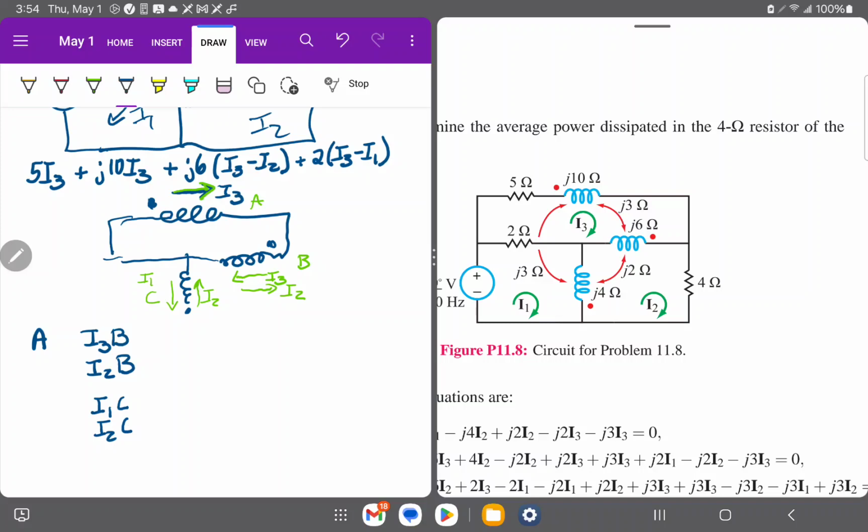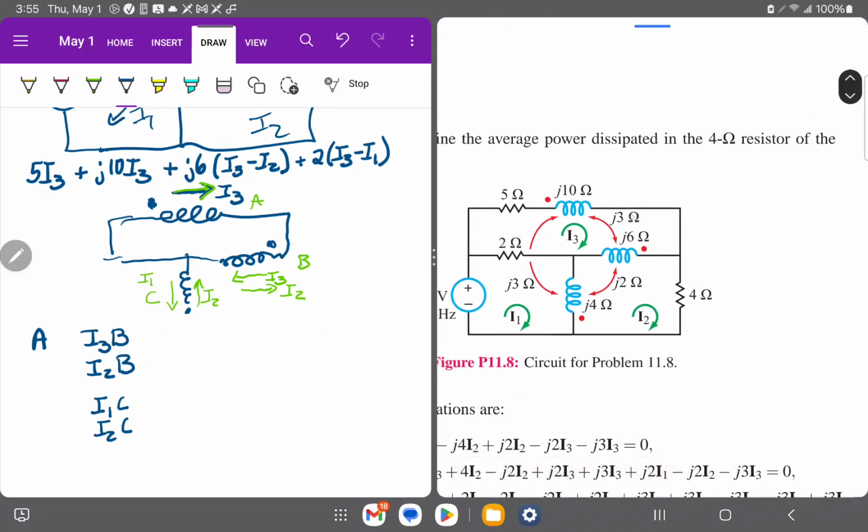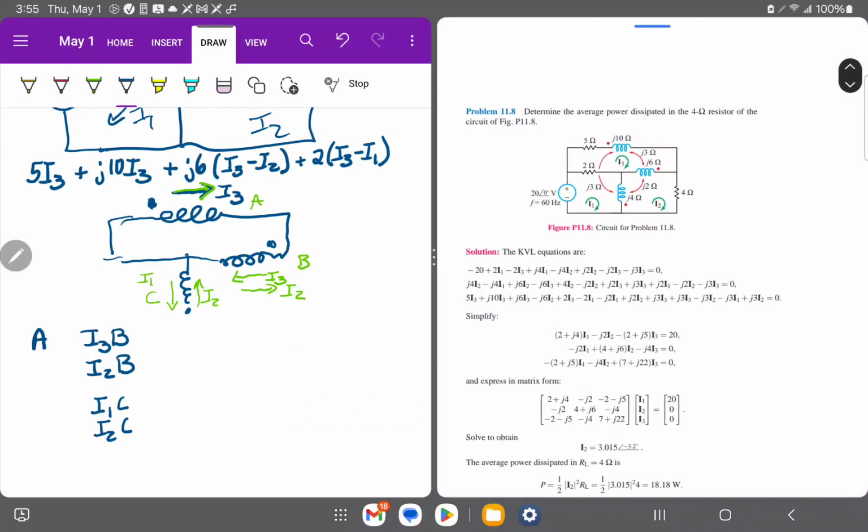So the currents through those other inductors will cause an effect on my inductor that I'm looking at right now, which is A. So I want to look at the inductance, or the voltage drop, that comes from the currents through inductor B and its effect on inductor A. The value for the mutual inductance that's given is J3.